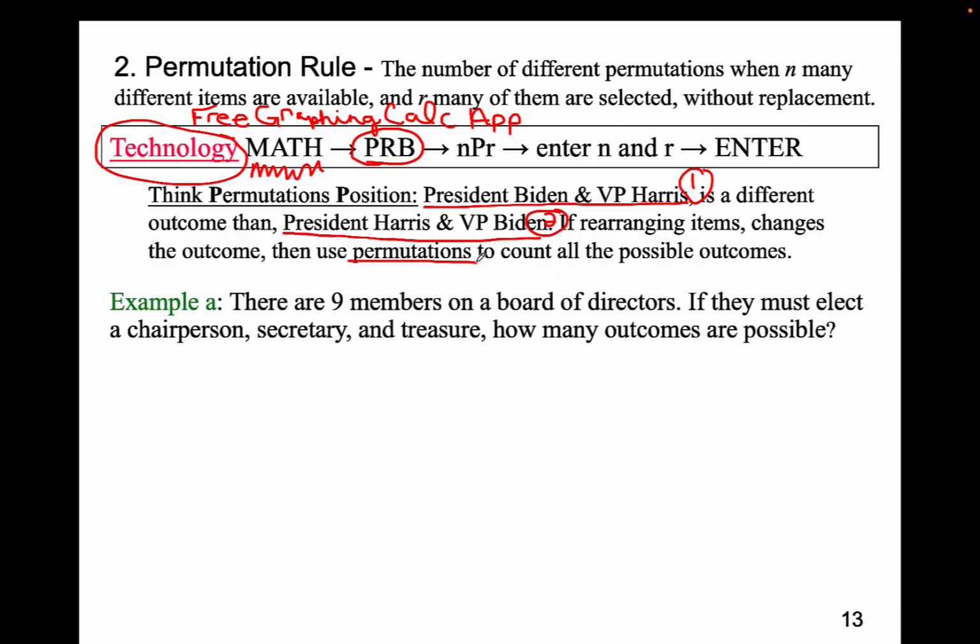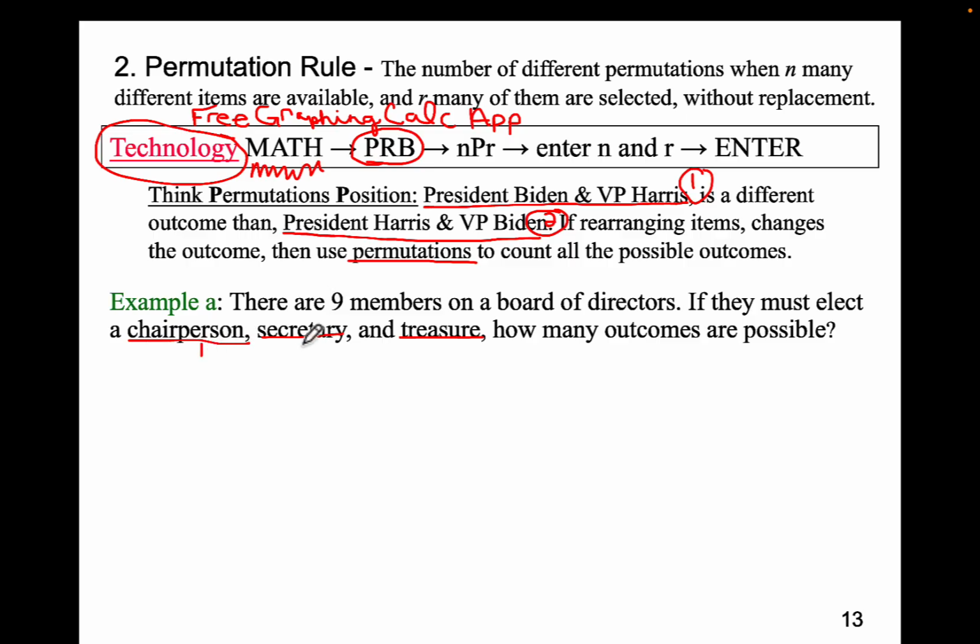All right, now let's try an example. There are 9 members on a board of directors. If they must elect a chairperson, a secretary, and a treasurer, how many outcomes are possible? Notice they're talking about giving them positions, 3 positions actually, out of 9 members. So we're going to be selecting 3.